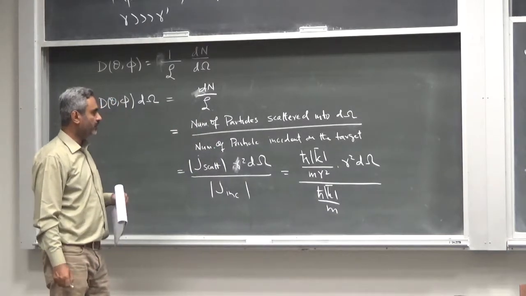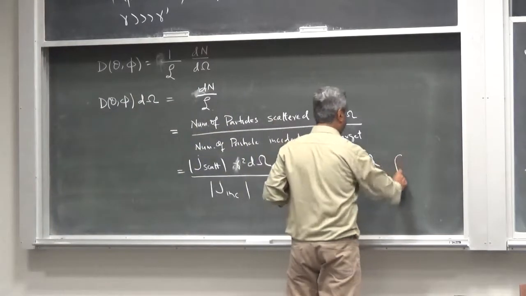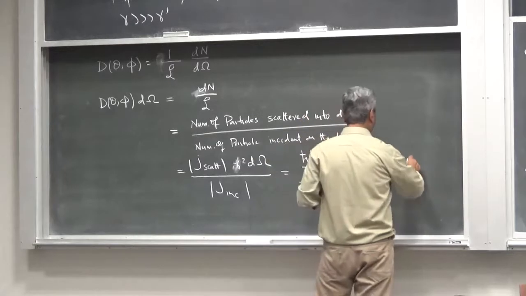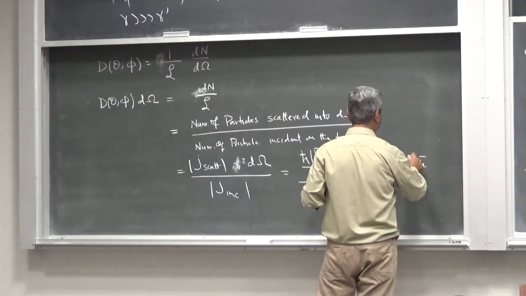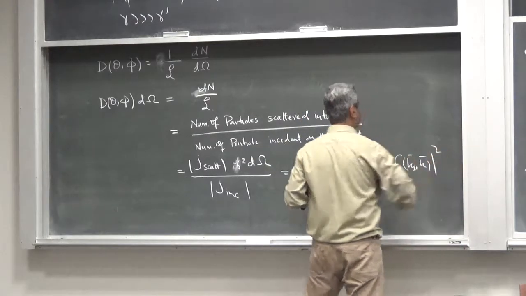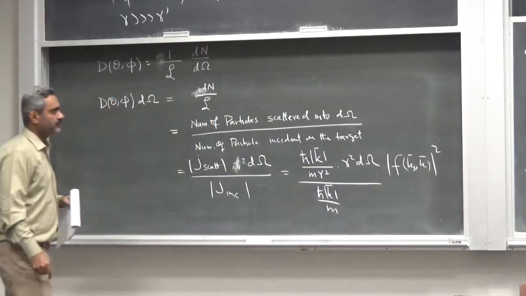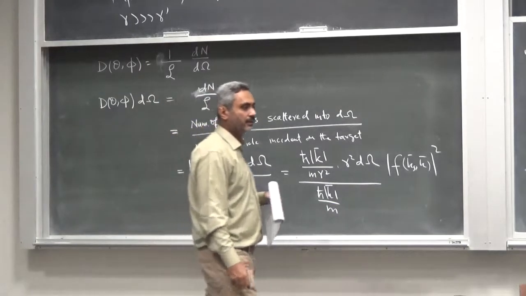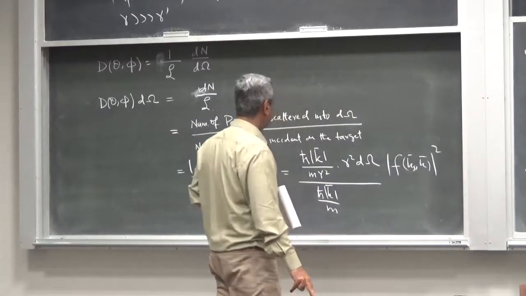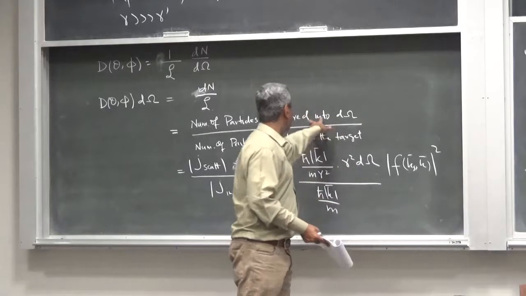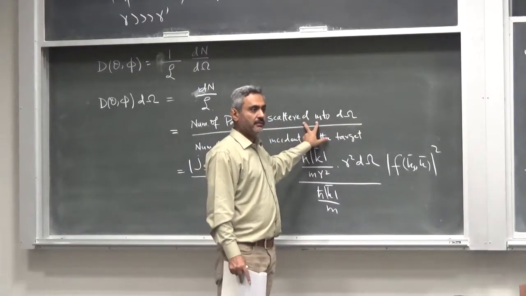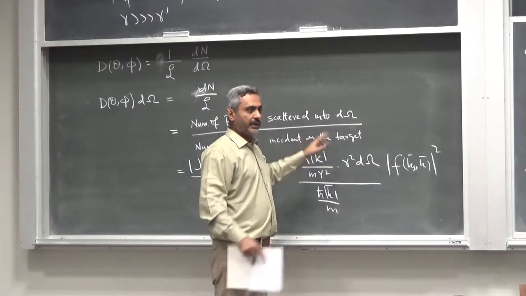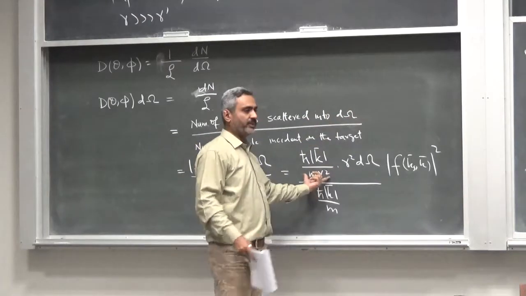Guys, any questions? Oh sorry, यहाँ पर आएगा f of ks k. Okay? R square d omega. R square d omega is the area of the detector. ठीक है ना? आप जितना एरिया डिटेक्टर का बड़ा करते जाएंगे आपका नंबर ऑफ पार्टिकल ज्यादा मिलते जाएंगे.